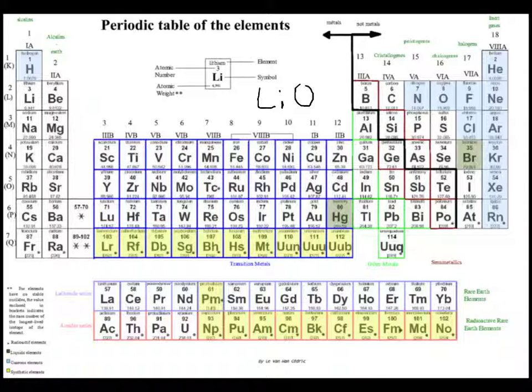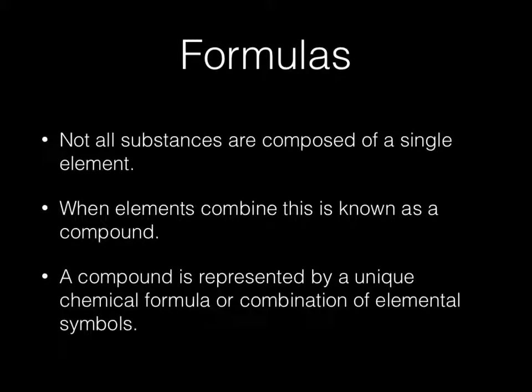If for some reason you write it incorrectly and you capitalize it all, LIO, that's not lithium oxide. That's lithium iodide oxide, because iodine is capital I. So it's very important that you represent the letters in the correct way when you're writing a chemical formula.